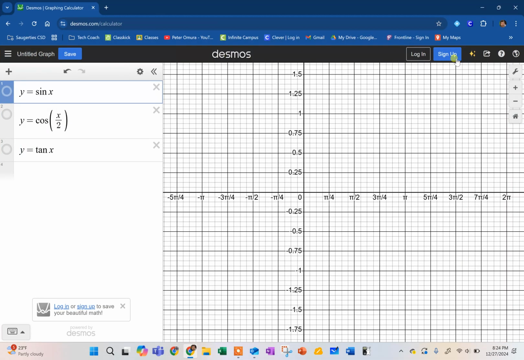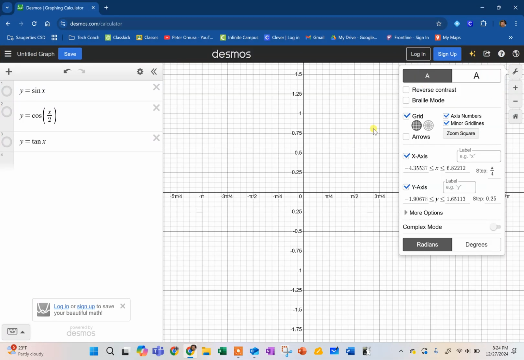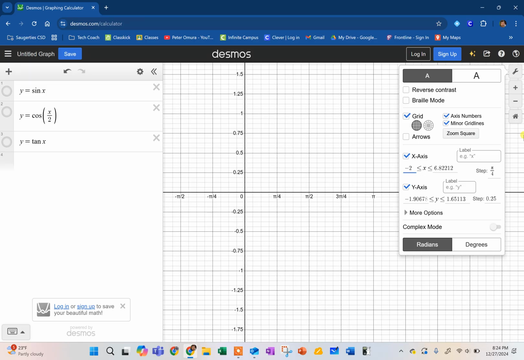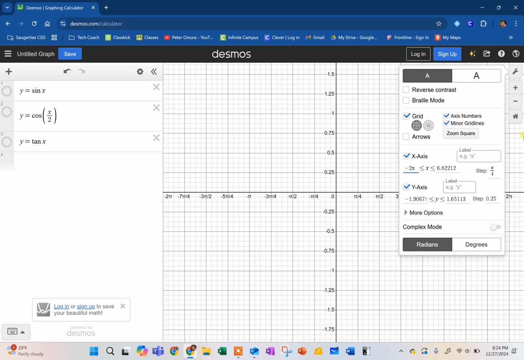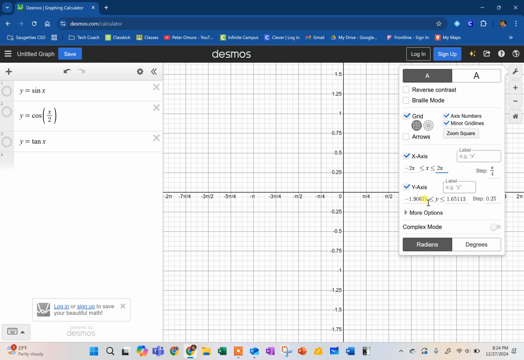On Desmos, you can actually put in, I typed in, you might not believe this, but I'm going to show you, on the x-axis, -2, and then I typed in the word pi, and that actually comes up here for the step, and then here I did 2 pi, and that came up.